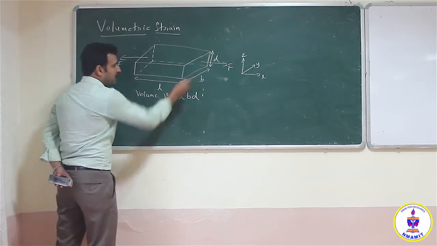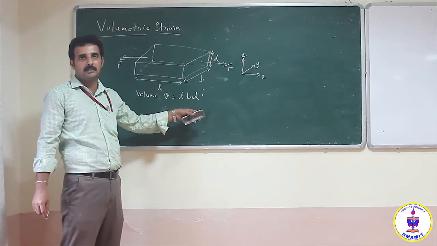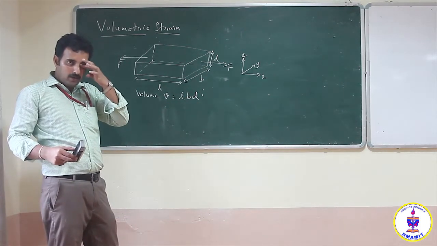Because of the application of the force, there will be a change in the length, the width and the depth, as a result of which there will be a change in the volume.